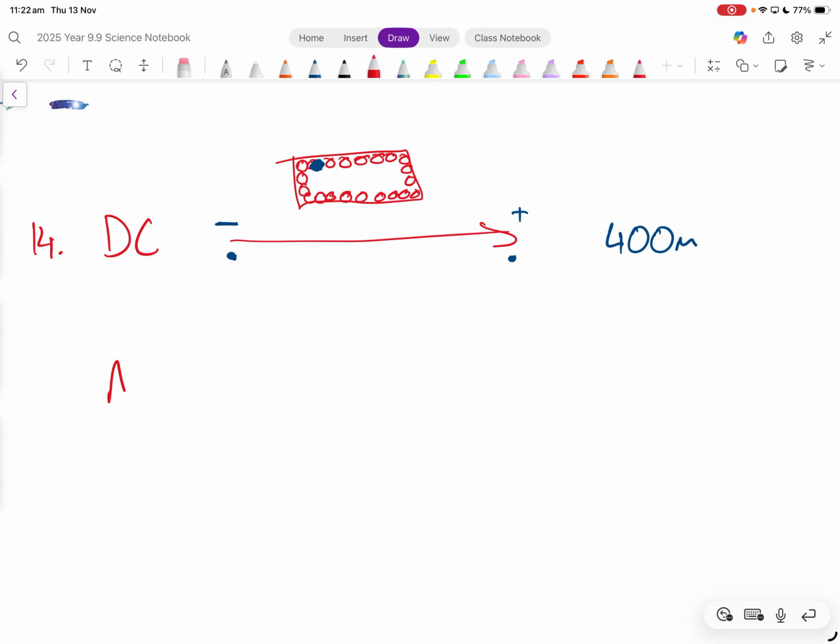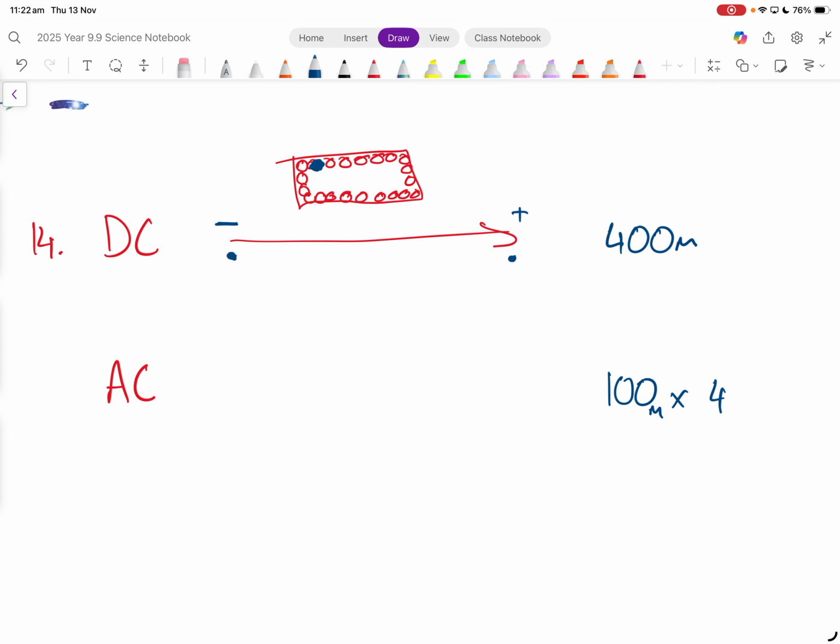If I jump now to alternating current, instead of just moving all the way forward, these electrons move backwards and forwards. The example that I like to make is the relay races from the athletics carnival. Hopefully you're familiar with the 100 meters, but we have 4 people running it.